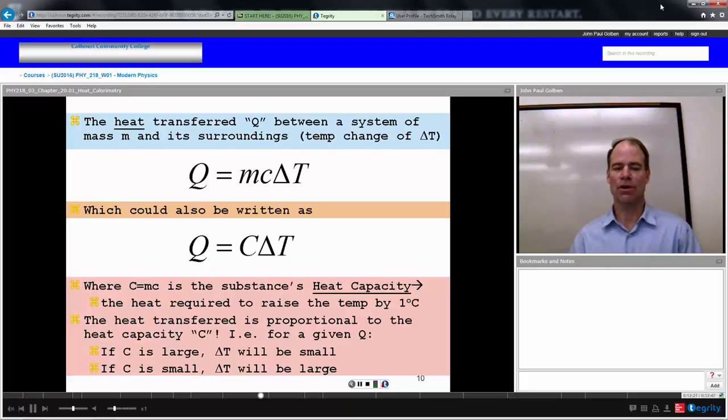But if it were gold, say, which has a very small specific heat, then for a given heat exchange, the temperature change would be large. So if you have that same heat exchange to gold, then you try to touch the gold, it's going to be hot.